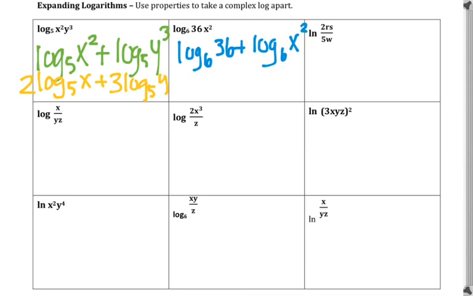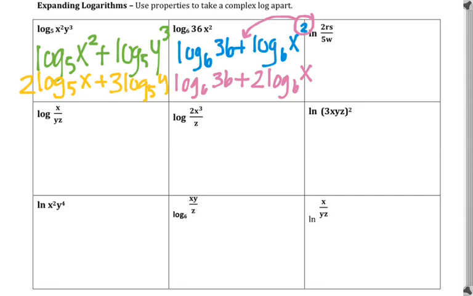So I have an exponent right here on the x, and I got to kick that back to the front. So my final answer, I'm not going to do anything to change the first one. Log base 6 of 36 plus 2 times log base 6 of x. So again, you don't have to write the blue step down if you don't want to. You can jump straight to the pink one, because the pink one is our goal. And as long as you have the pink, you're good.